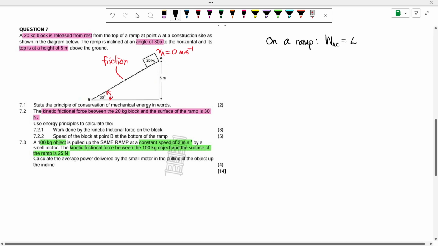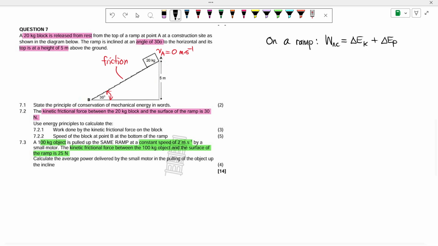You can never go wrong with that one. If it's on a flat surface, then you can use the work net equals change in kinetic energy. But this will always be a good advice for you.